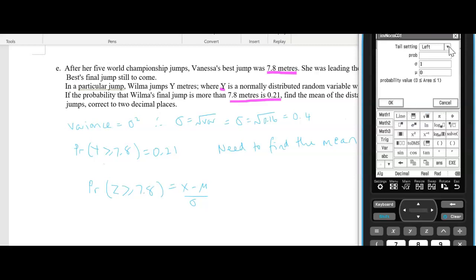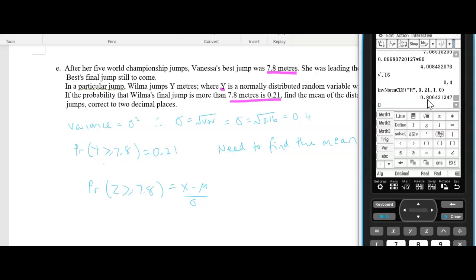All right, so we're looking at greater than 7.8, so we're going to the right, and we know it has to be 0.21. So basically all we're doing here is looking at what value is going to give us 0.21 on the standard normal distribution. Okay, so I get 0.806.